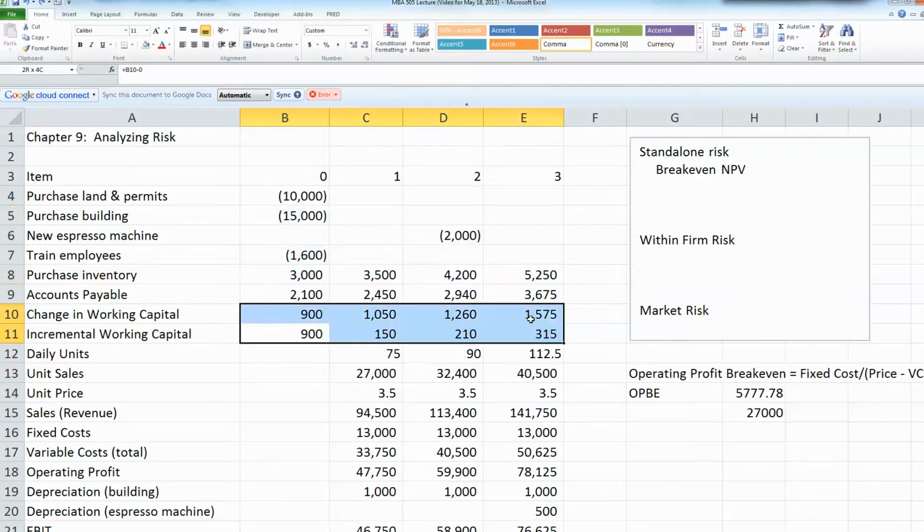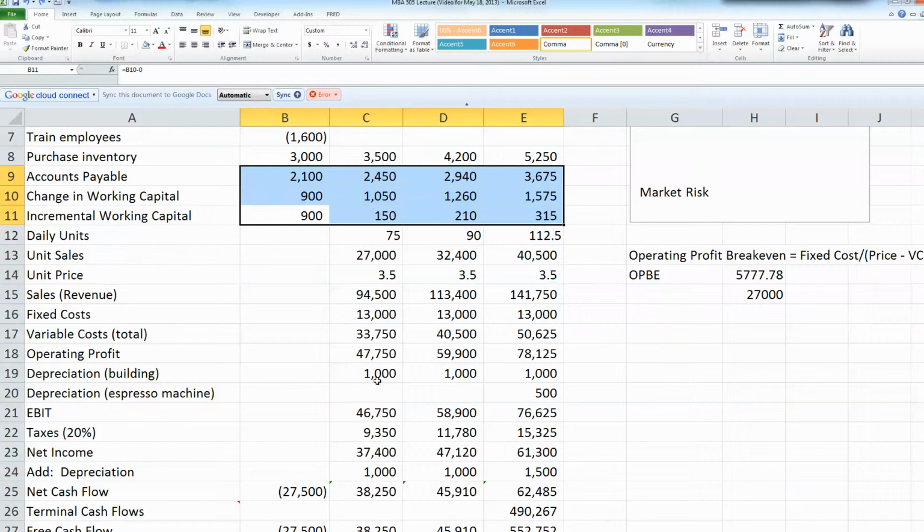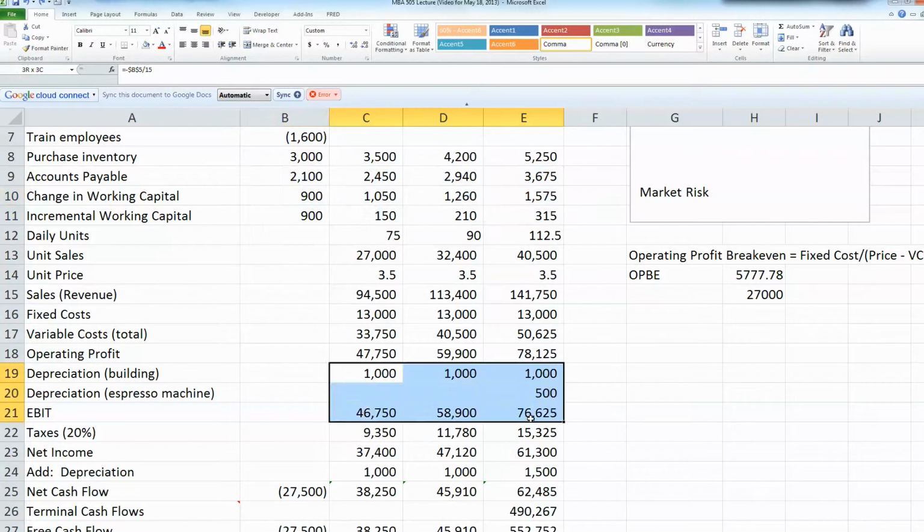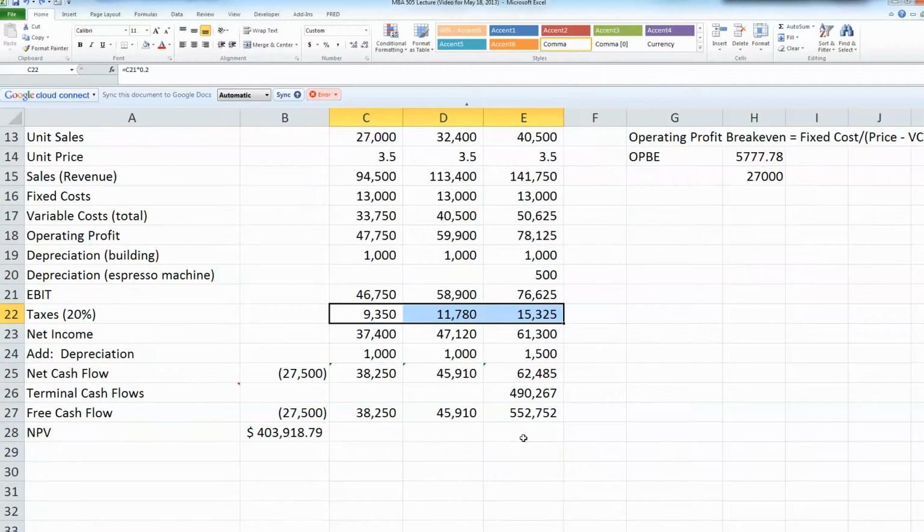It looks at working capital changes. And it looks at depreciation and the tax benefit from it, and the taxes we'll pay on our profits, and also terminal cash flows, so the fact that we expect we can sell the project for this amount in the third year. And the operating profit break-even formula ignores all of that.